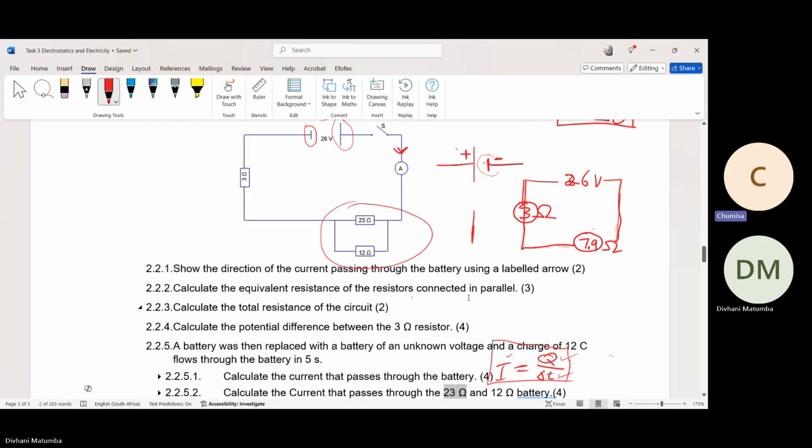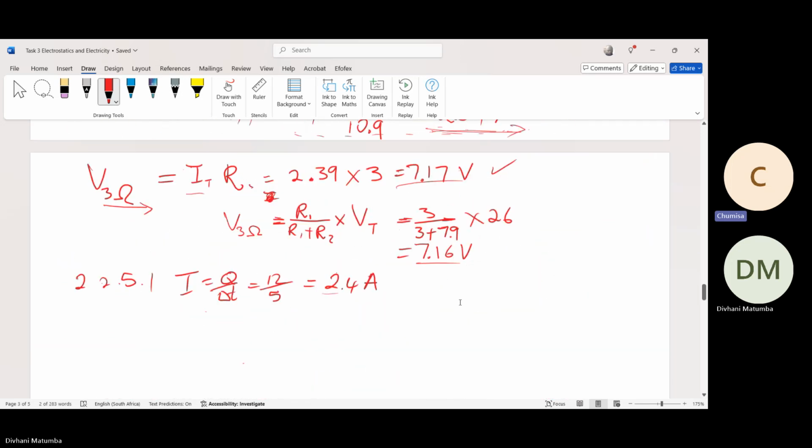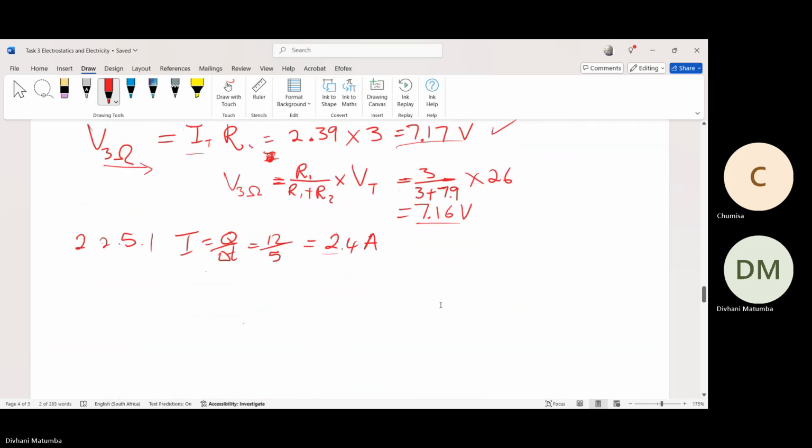Are we going to use the formula RT equals R1 plus R2? Yes, I agree with you.